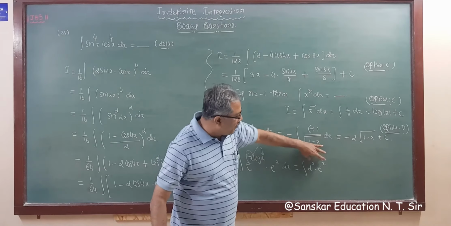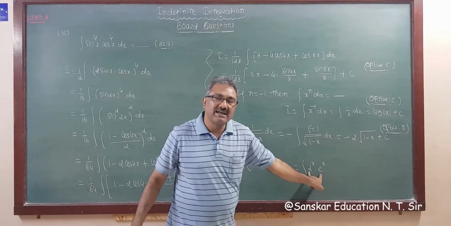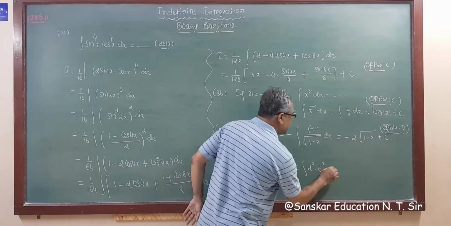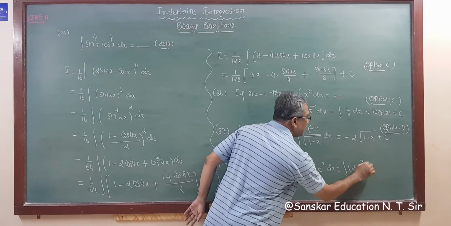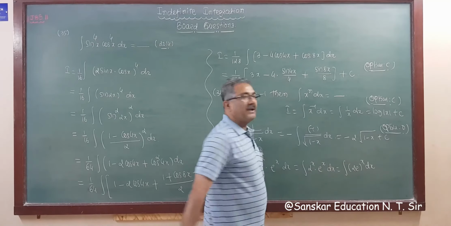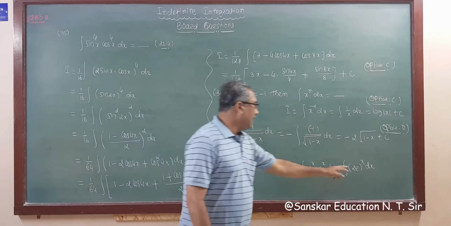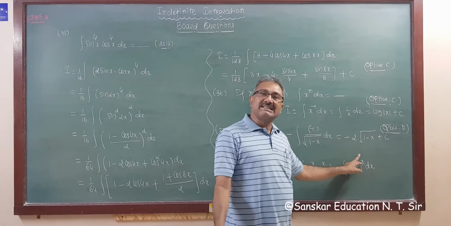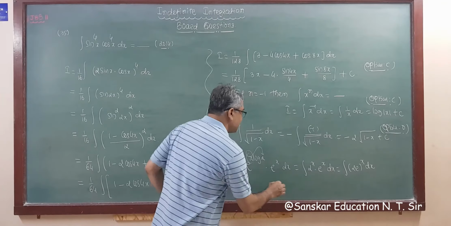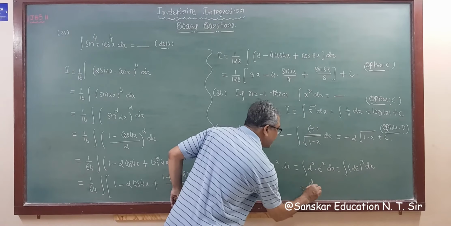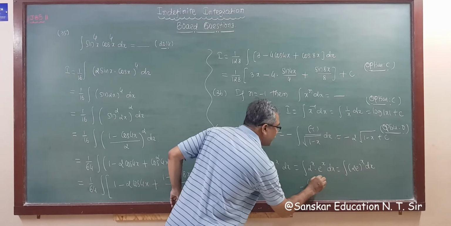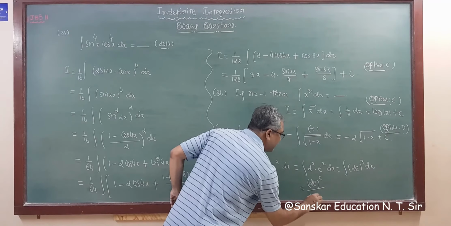Now the powers of both are the same and these are constants, so can I write it like this? This is equal to integration of (2e) whole raised to x dx. Applying the formula for integration of a raised to x, which is a raised to x upon log a, the answer will be (2e) raised to x upon log (2e).